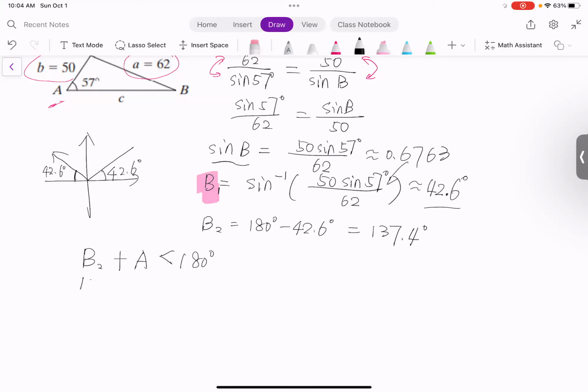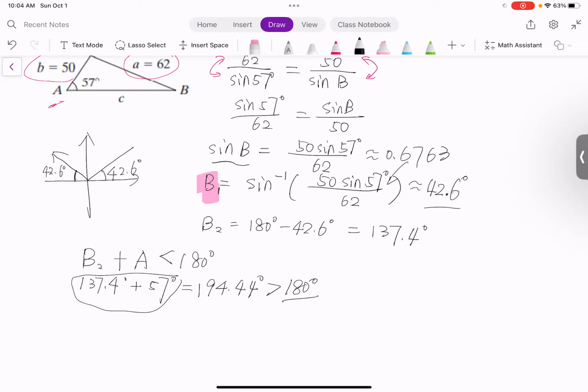So it's 137.4 degrees plus A is 57. I feel this angle is too much. So this angle is 194.4 degrees. It's greater than 180. The sum of two angles in the triangle is greater than 180.